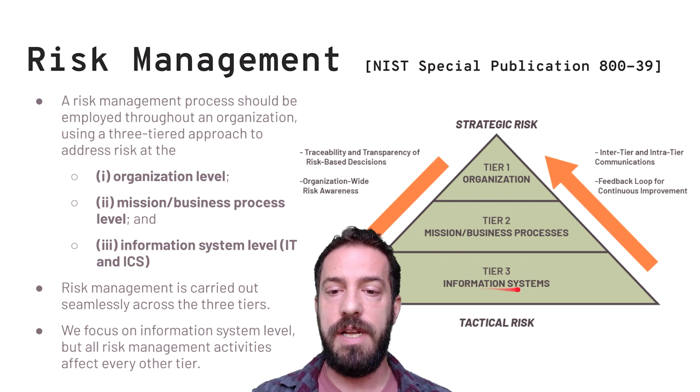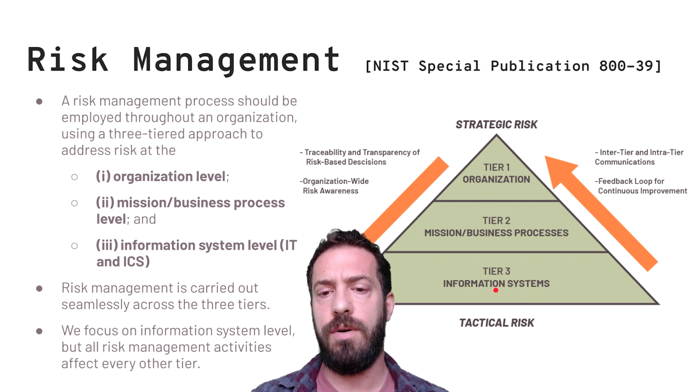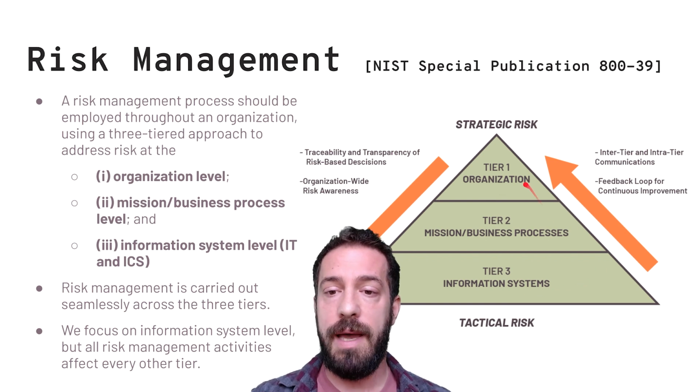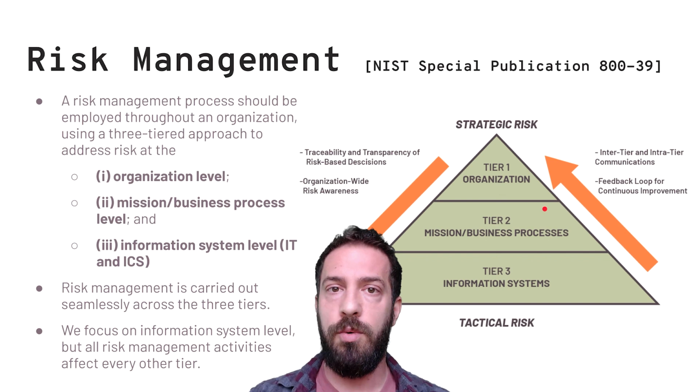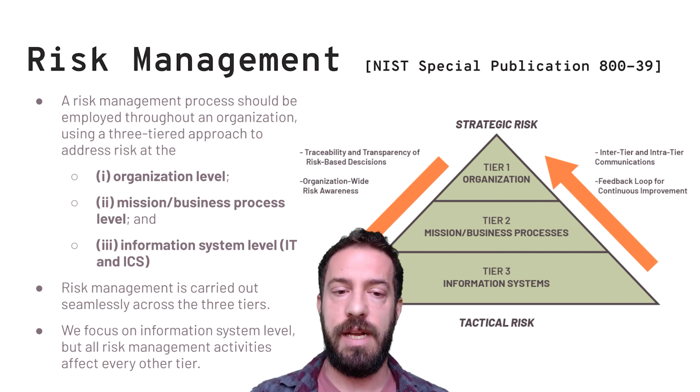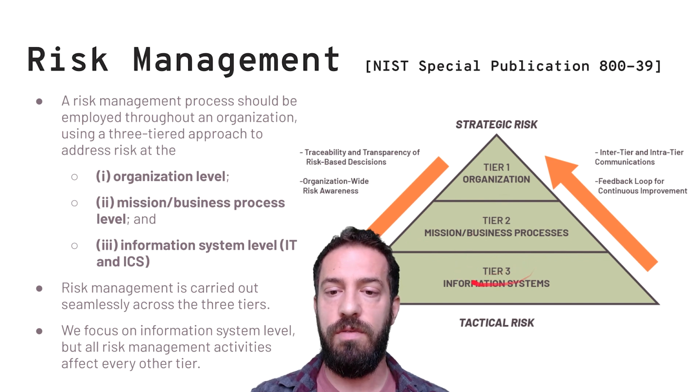Similarly, when you do risk management on your equipment or at the software level, you have to inform back and say, look, given the budget we have, there's no way we can reduce the risk to the levels that have been defined by the organization. So the tiers are not disconnected. Even though we'll focus on tier 3 for the rest of the presentation, we still have to think about all the tiers and how each one affects the other.